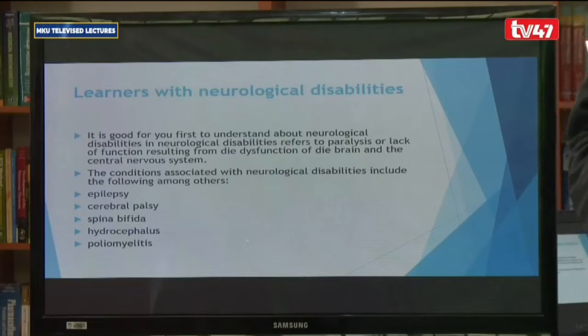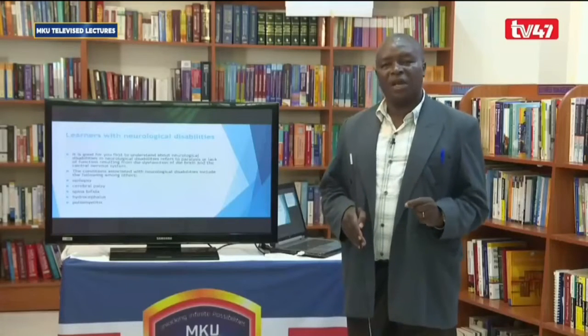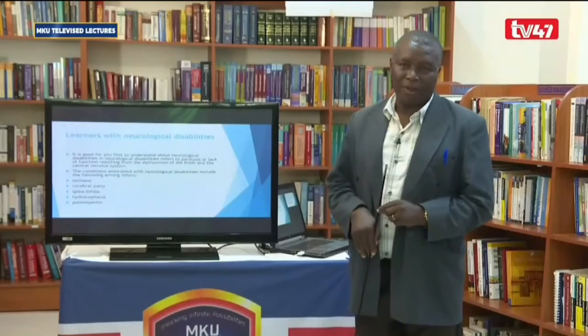For example, like now I'm standing, my ability to stand is controlled by the brain. If that part of the brain which is supposed to control my ability to stand is not functioning as it's supposed to, I will not be able to stand the way I'm standing, firm on my 2 legs.